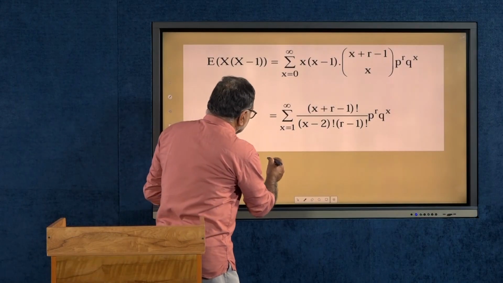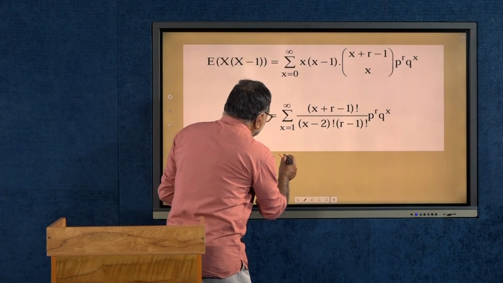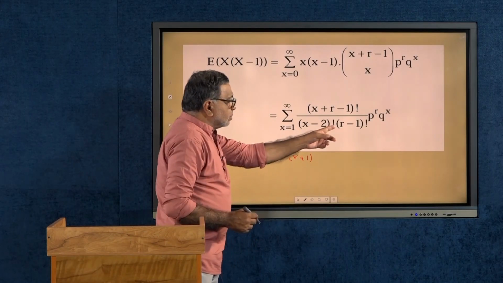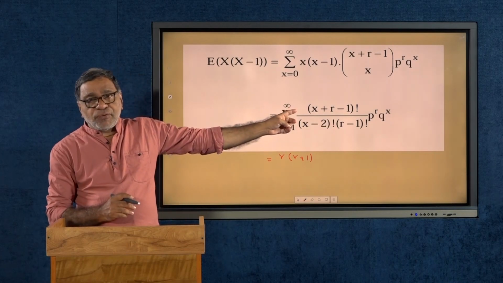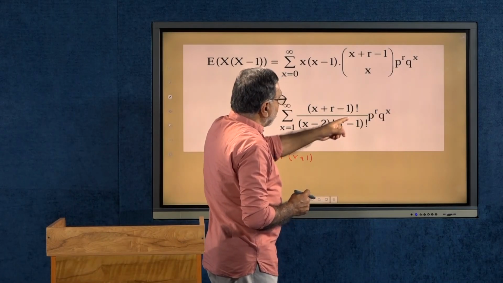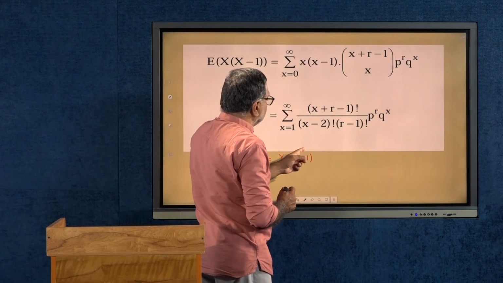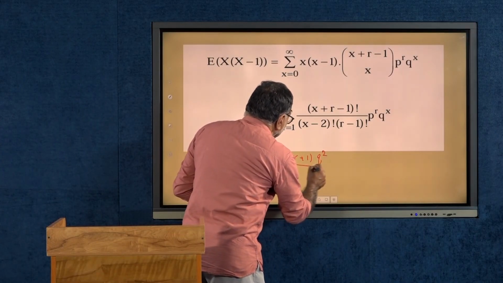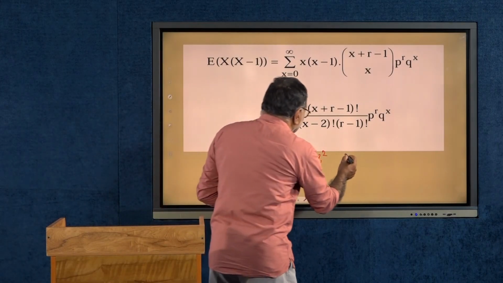And this is equal to, we can make this r into r plus 1. In order to make this (r minus 1) factorial into (r plus 1) factorial, you have to multiply by r into r plus 1, and you make q square. You take these factors here and then consider the remaining factors.